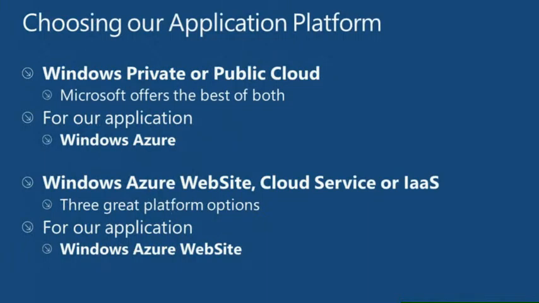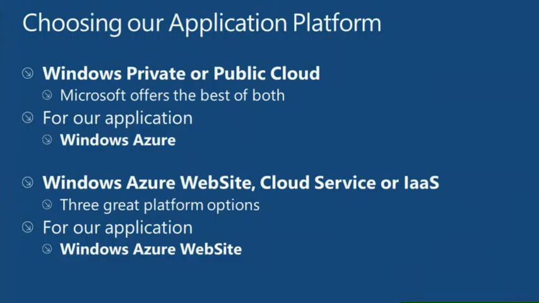All right, so application platform-wise, when you're talking about building an application based on the Microsoft platform, you actually have a couple of major platforms to choose from, really revolving around the private and public cloud. Obviously, if you've watched any of the sessions, the keynotes, some of the foundational sessions, one of the things that we're very committed to here is providing you options and the best of both private and public cloud.